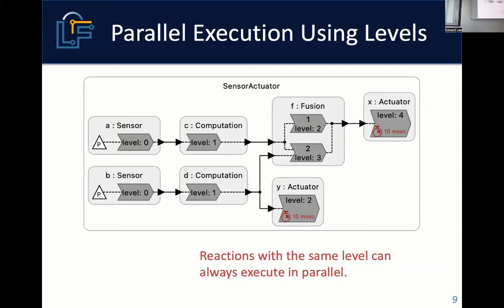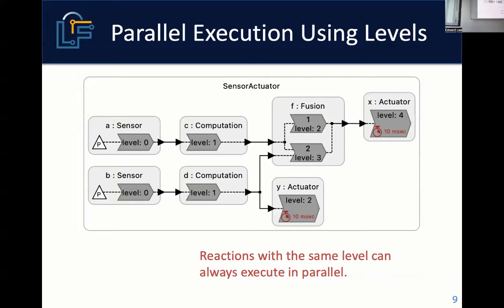One of the key principles of Lingua Franca is that every one of these connections represents potentially one event at one tag. Only one event at one tag. So the semantics of this is that this reaction will potentially overwrite the output, and the downstream reaction will only see the final result that was written to the output.